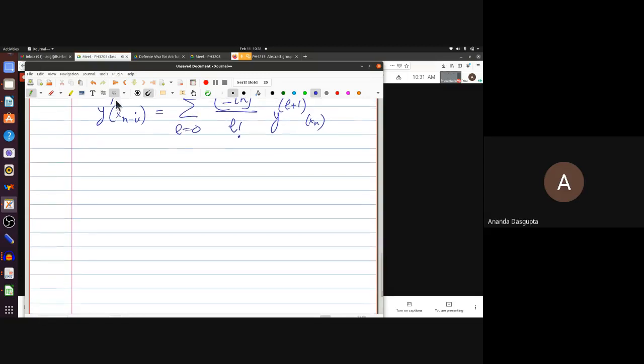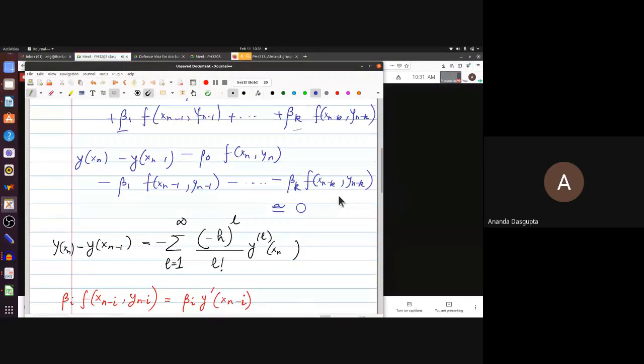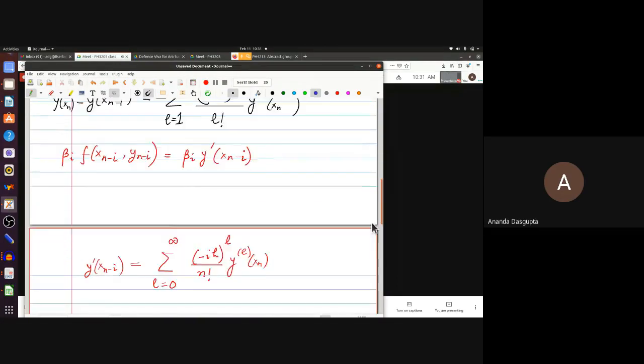So if you plug the two things together, I hope you have not forgotten what we were doing. This was the expression which we wanted to put almost equal to 0, as close to 0 as I could.